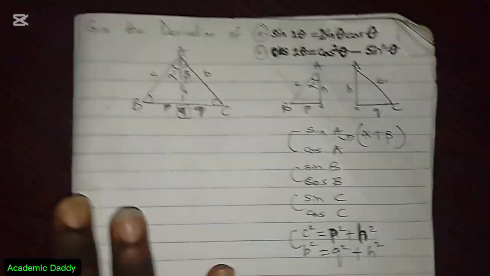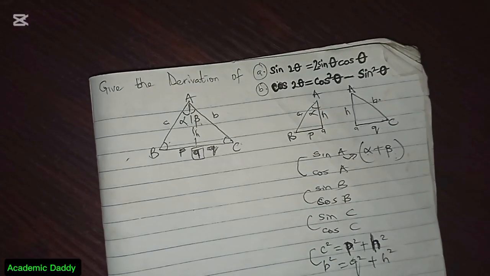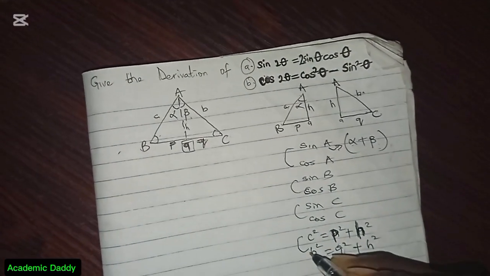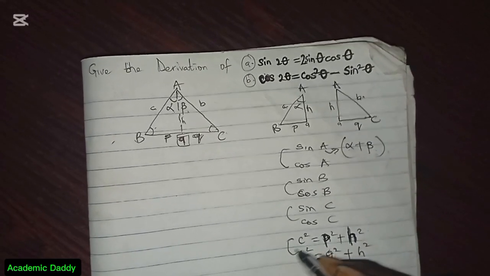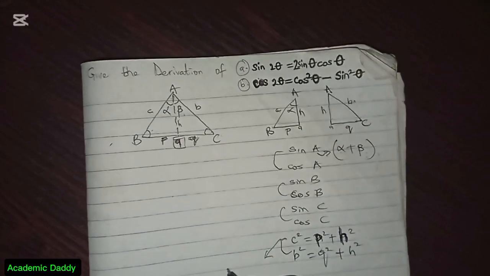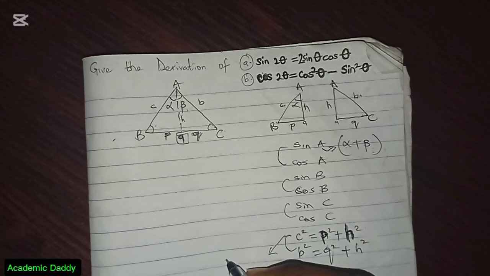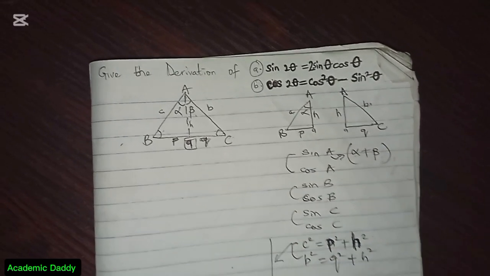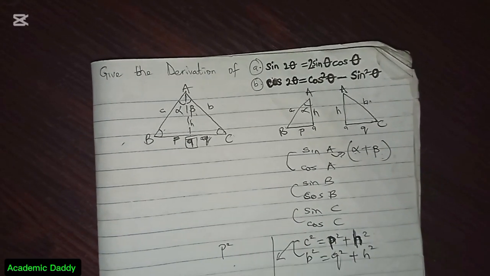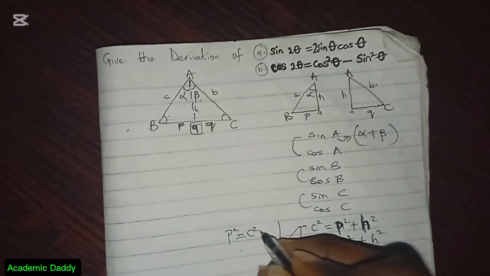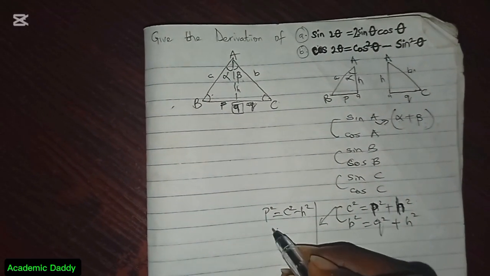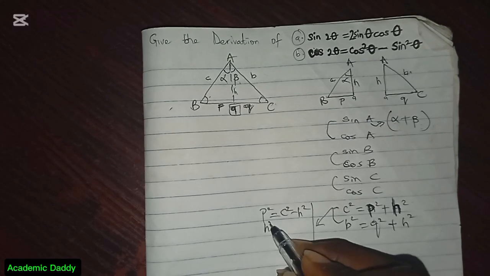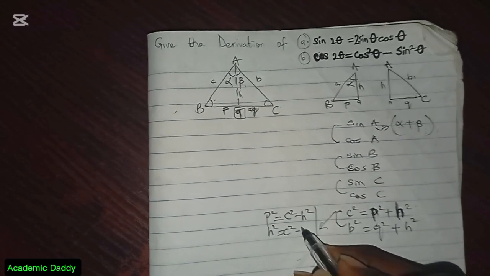So now that I've done this, I can expand what I have here. From this one, when I make P the subject of the formula, I'll have P square equals C square minus H square. And when I make H square the subject of the formula, I can have H square equals C square minus P square.